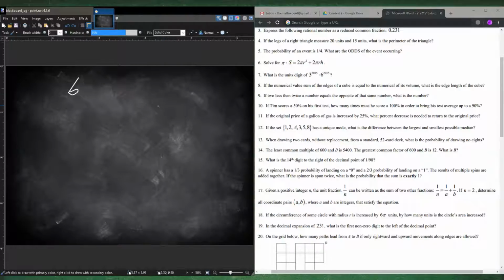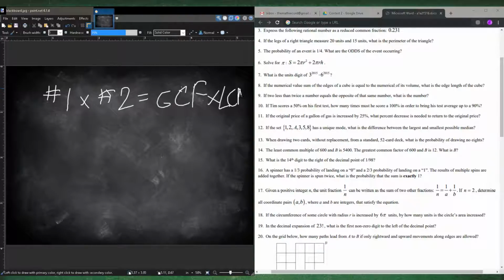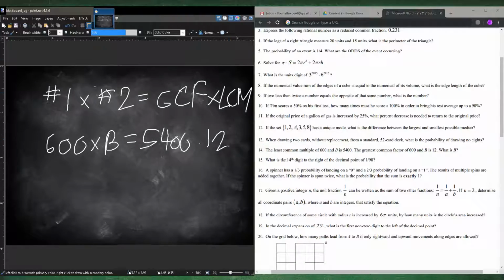There's actually a really special property that says if you have number 1 times a second number, it is equal to their GCF times their LCM. So number 1 is 600. So 600 times b has to equal 5,400 times 12, right?